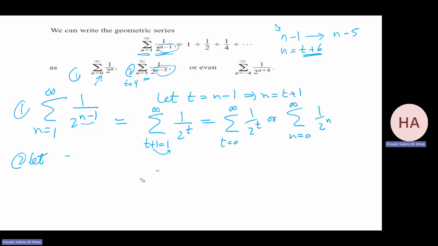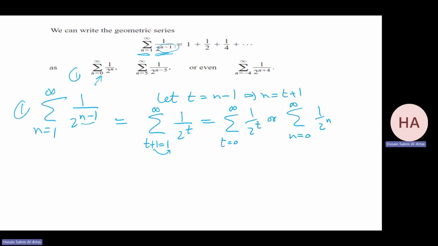Yeah, let me think of it a different way. We want this to be n equal 5. So I'll put t equal what?